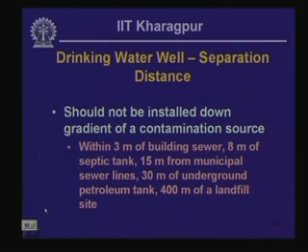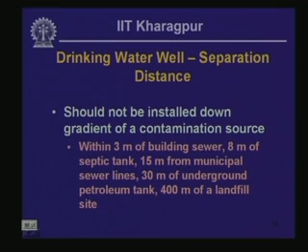Now, a drinking water well needs to be separated from a potential source of contamination. There is some guidance available in many jurisdictions, and Indian standard codes of practice are also available for this purpose.